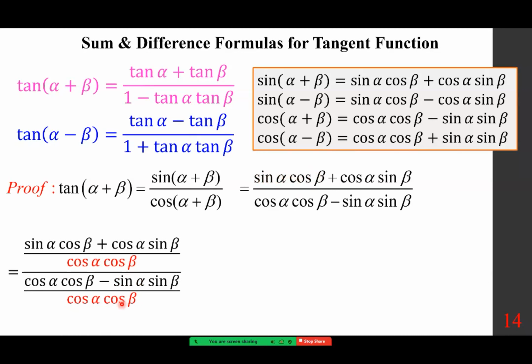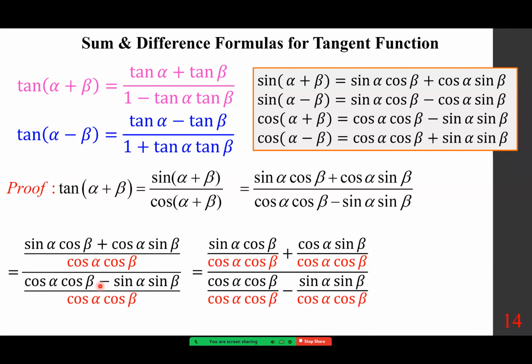Now we are going to make up 4 fractions, 2 at top, 2 at the bottom. Separate the 2, separate the 2. So what happens? These 2 cancel each other. This is tan of alpha. These 2 cancel each other.